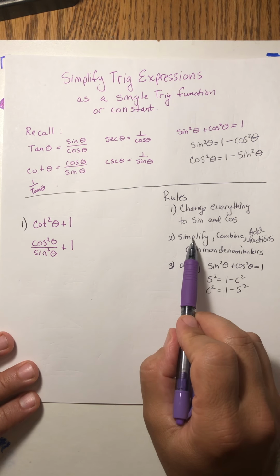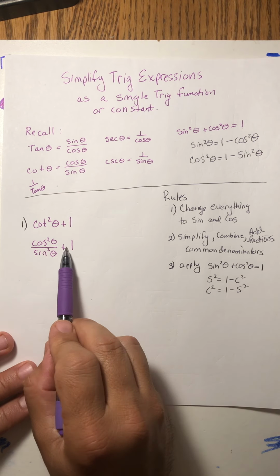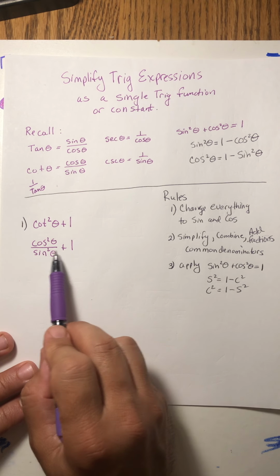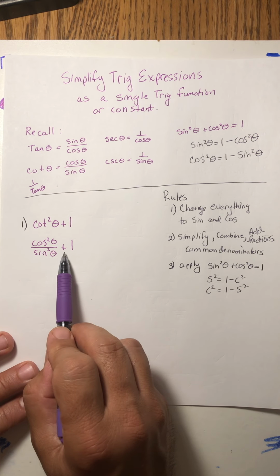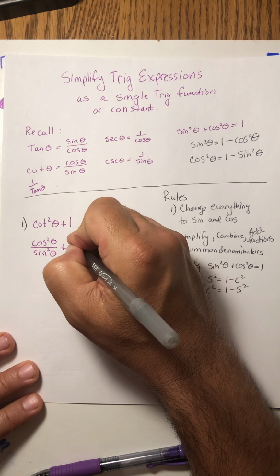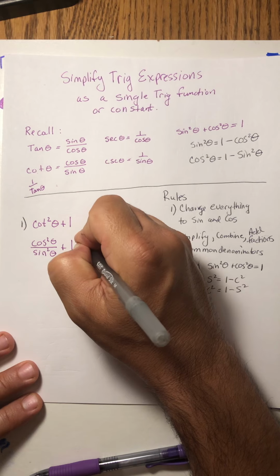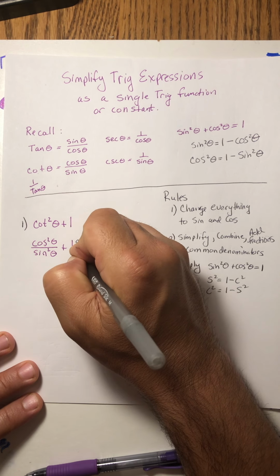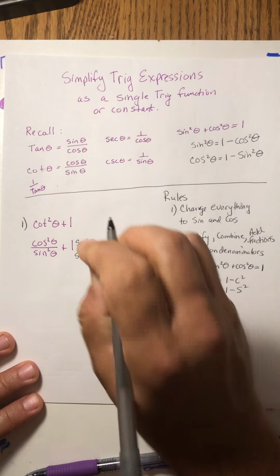Rule number 2, we have to simplify, combine. So I have a fraction here plus 1, so I have to combine these two. That means I have to have a common denominator, which is sine squared. So this 1 is rewritten as sine squared of theta over sine squared of theta.